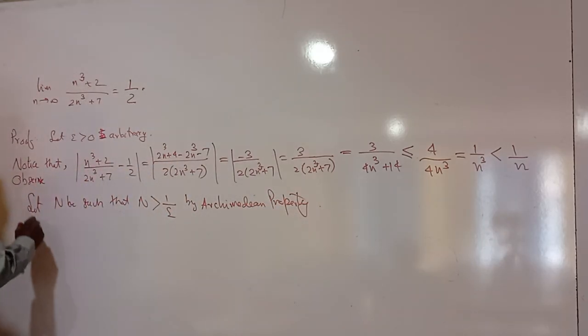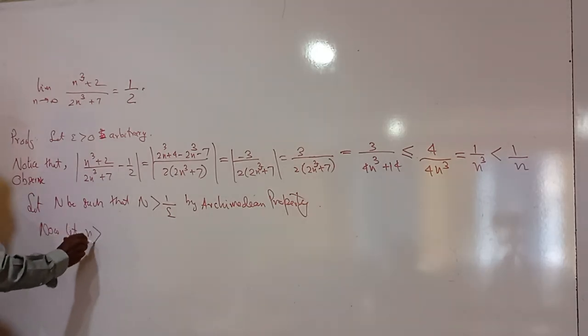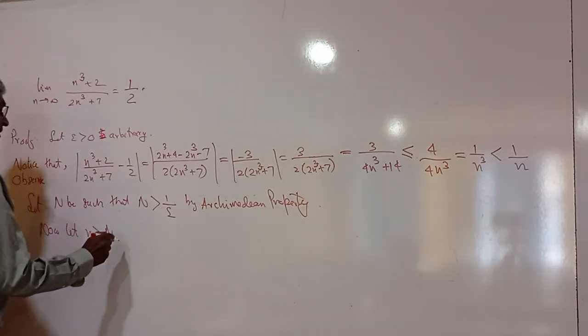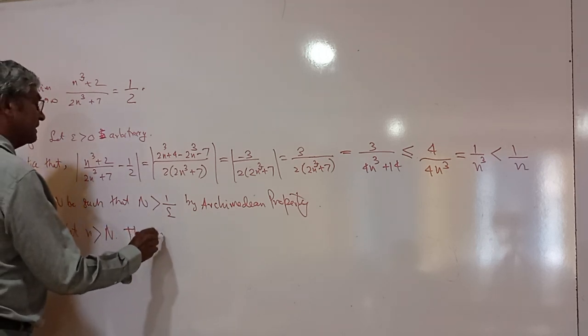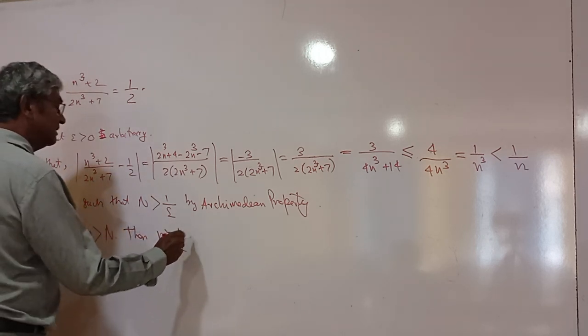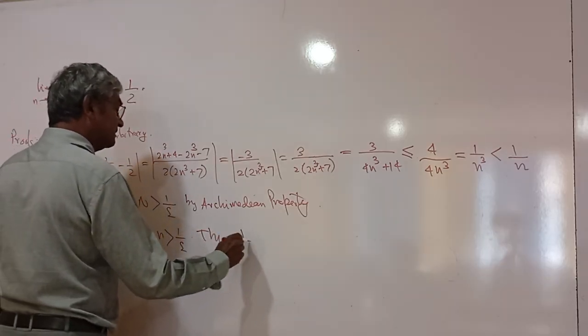Then now let n greater than N, then n greater than 1 over epsilon, so 1 over n less than epsilon.